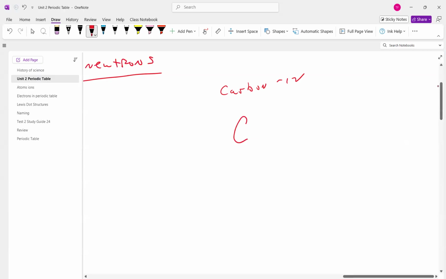On the bottom of the left-hand side, we write the number of protons. Up here, that's the isotope name, carbon 14. Oh, I guess we're talking about carbon 12 here. Let's do this.